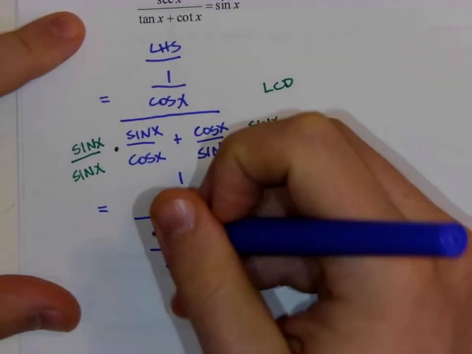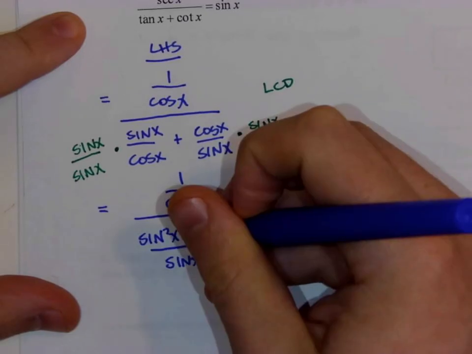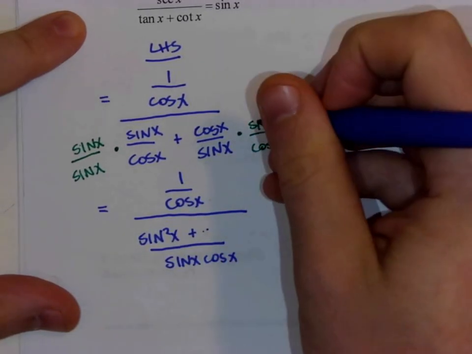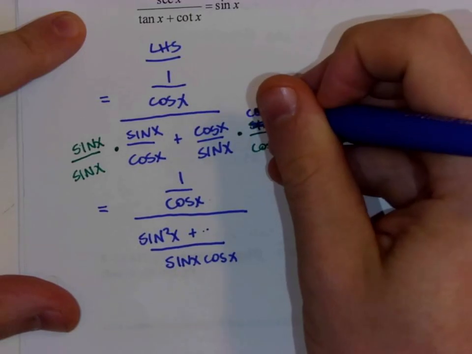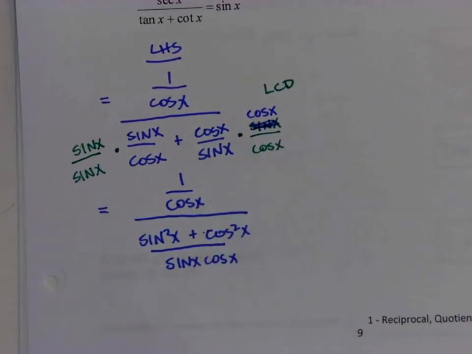The left numerator is sine squared x. The right numerator is, sorry, I wrote that wrong. Hopefully you guys caught that. Cos x there. So cos squared x. Should have been cos over cos. So hopefully you caught that before I did.